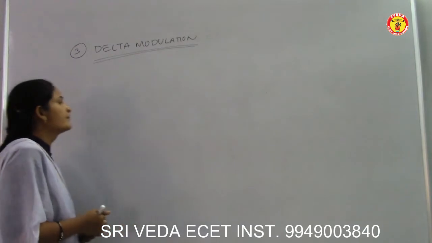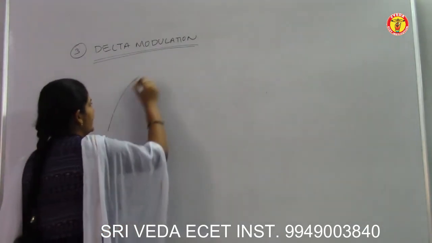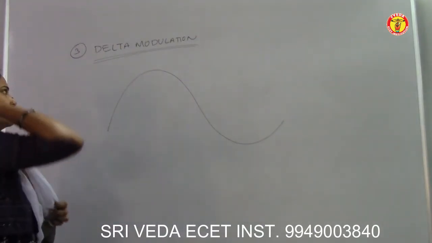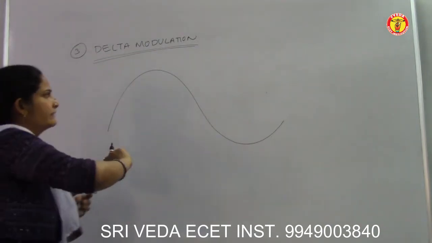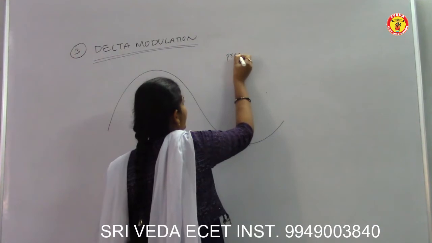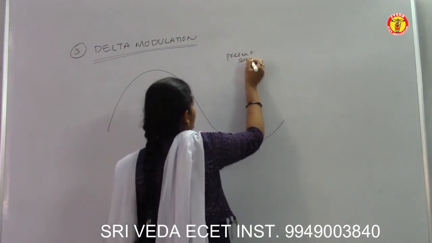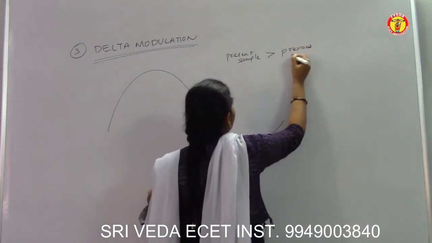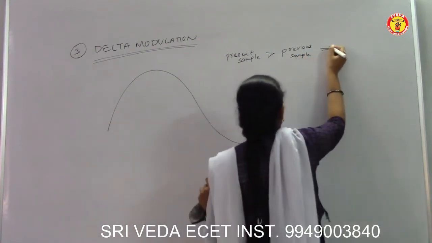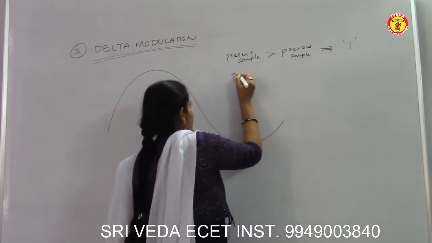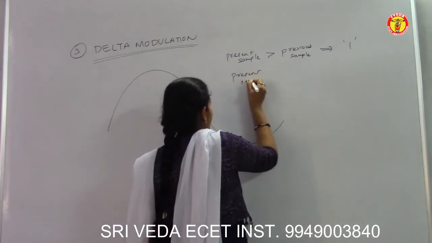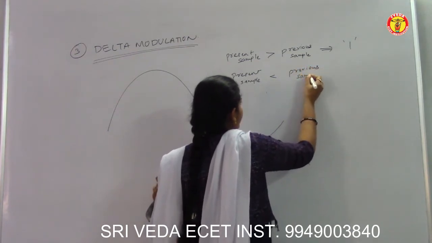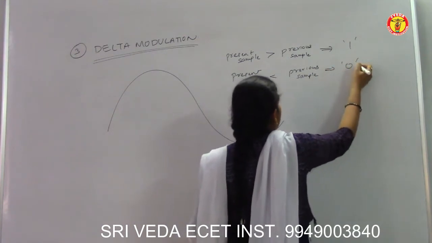Assume this is my analog modulating signal. In delta modulation, if my present sample value is greater than the previous or past one, then this quantizer will send 1, and if the present sample value is less than the previous sample value, then it will send binary bit 0.